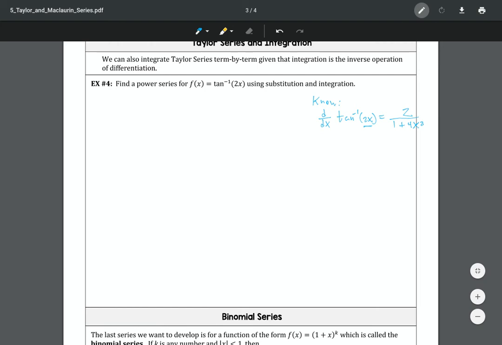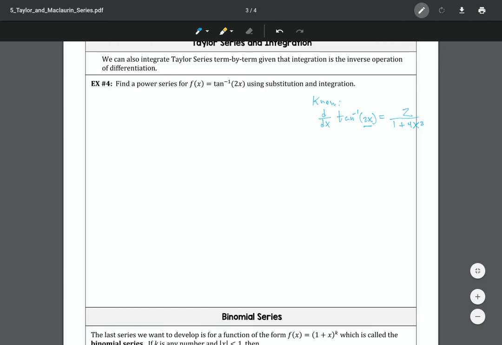Okay, so now let's see what else we need to know at this point. I don't think we need to know anything else besides that to solve the problem, but let me just check my notes. Okay, so what does that mean?